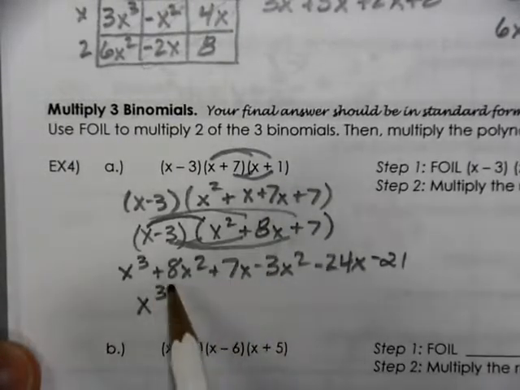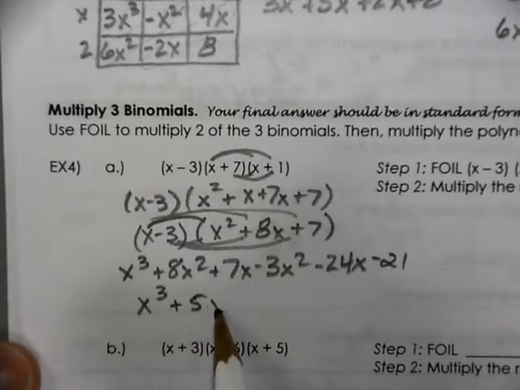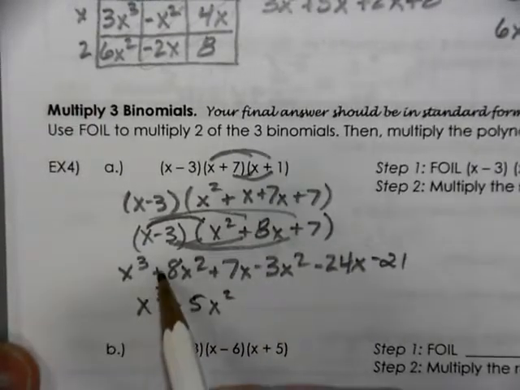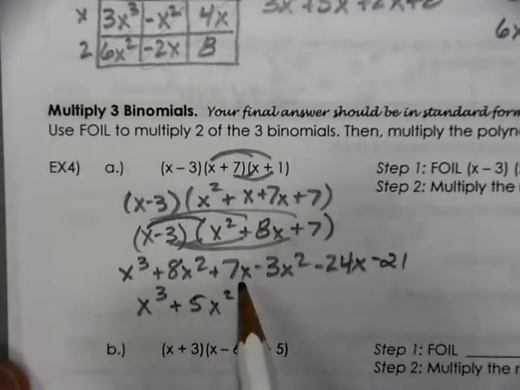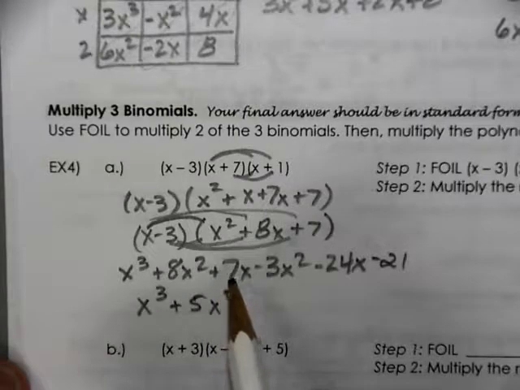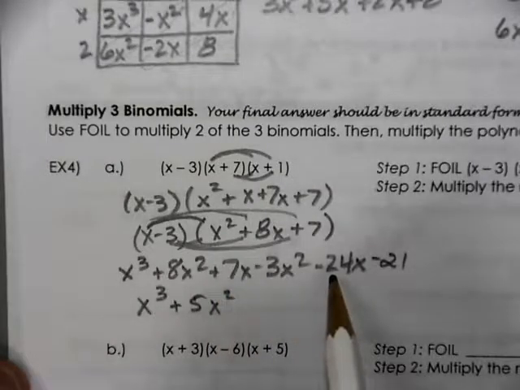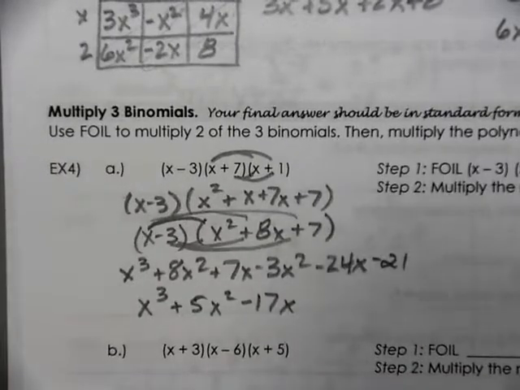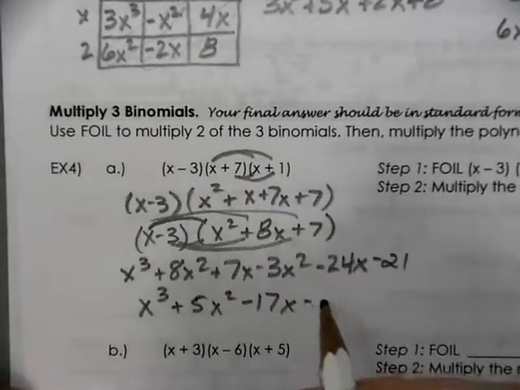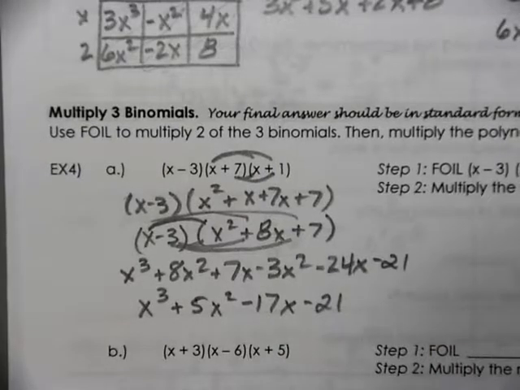Our like terms here would be the positive 8 and a negative 3, giving positive 5x squared. Our x's, we have the positive 7 and the negative 24 to give us a negative 17x with the negative 21.